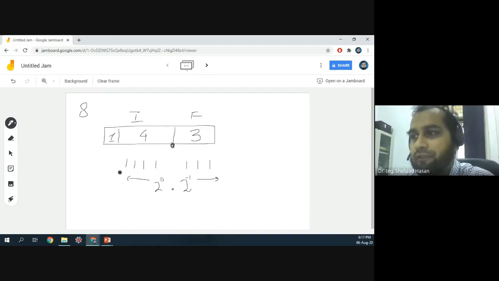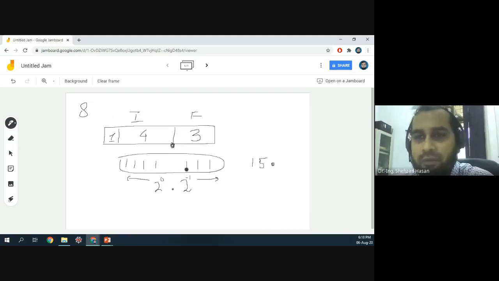So if this is your number where you have all of these as ones, you can just calculate this. We know very easily the integer part is going to be 15, and then the fractional part is going to be, so we have a decimal point over here, and this is 2 raised to minus 1, which is 0.5, and then half of that, which is 0.25, and half of that is 0.125. So if you add all of these, this would be 0.875.